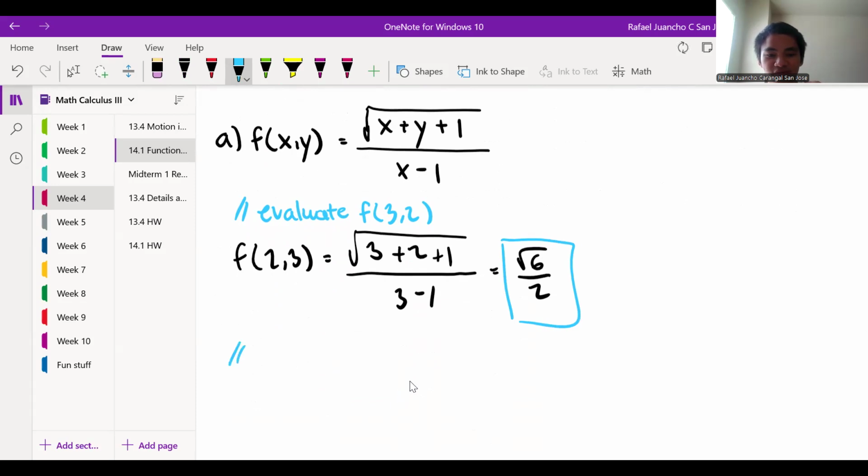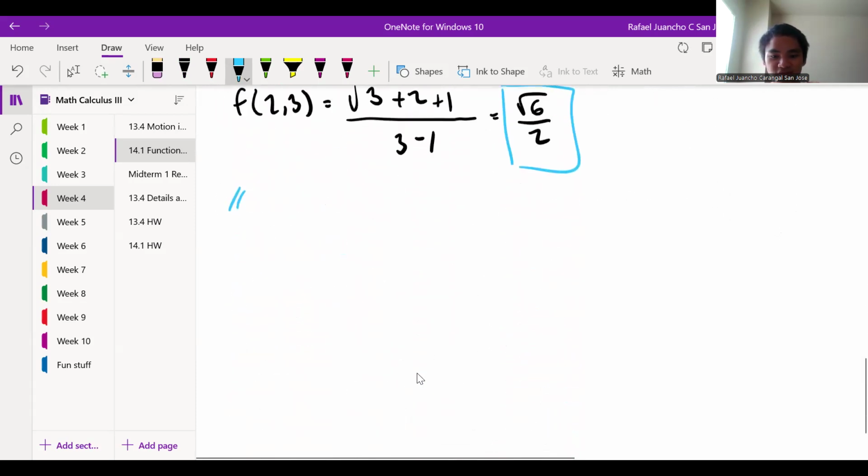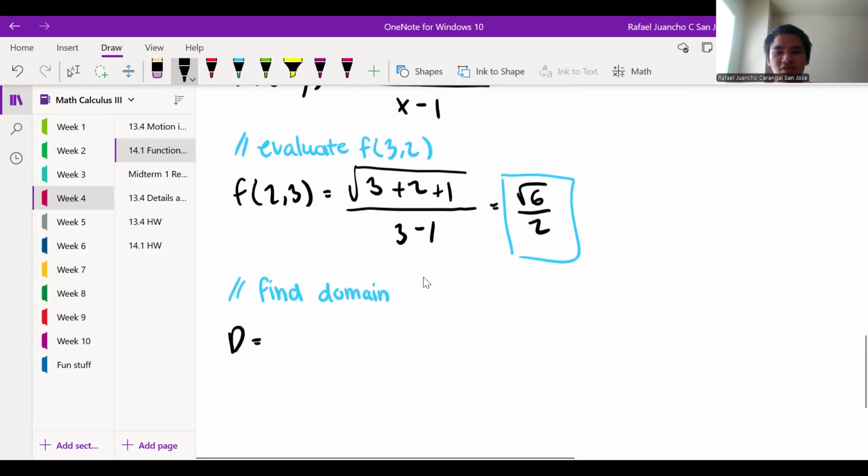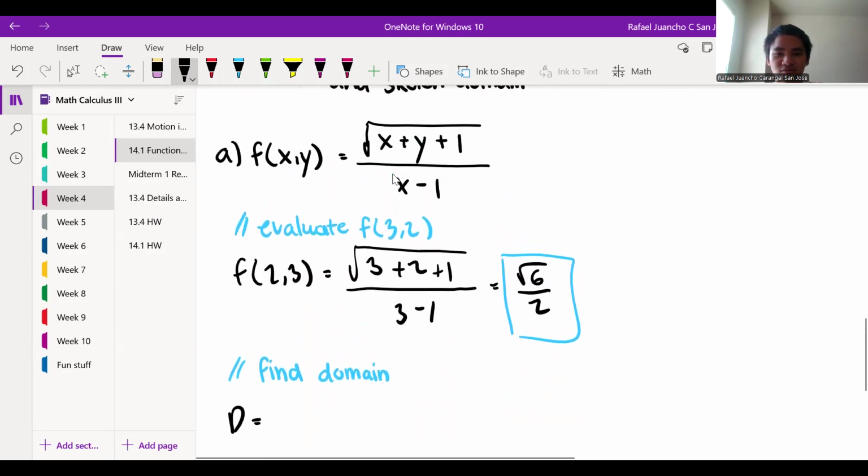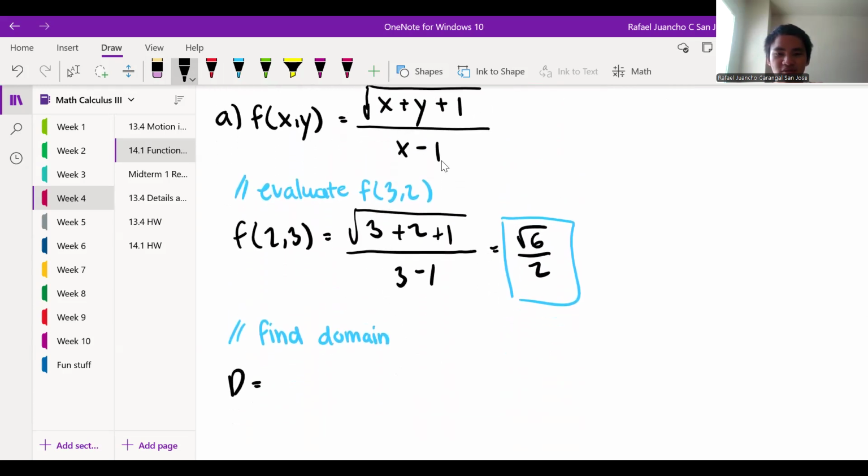Now, that's the easy part. Now, the next part, again, was to find and sketch the domain, right? So when I find my domain, I say D, okay. And here we treat it like a regular function, right? Here we say that x minus 1 cannot be 0, right?